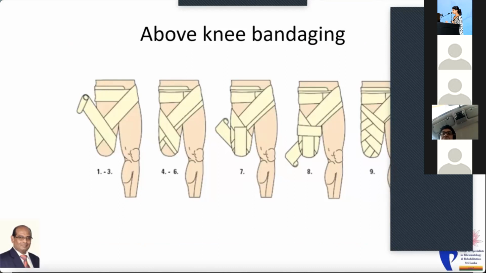That is figure of 8 bandaging for a below knee amputation, and this demonstrates what you do for an above knee, where the anchoring happens at the waist level.